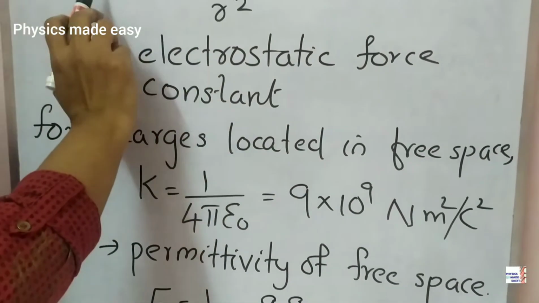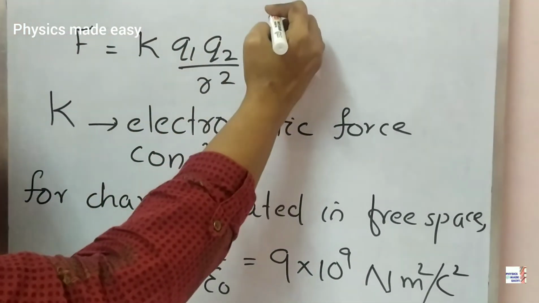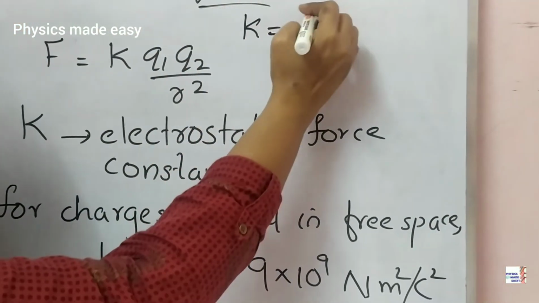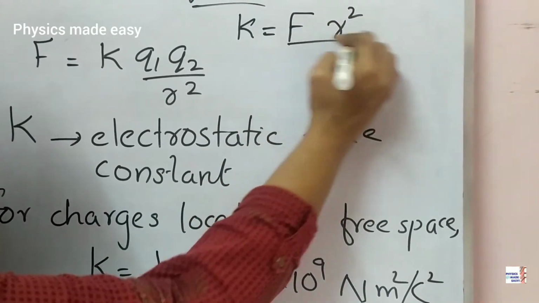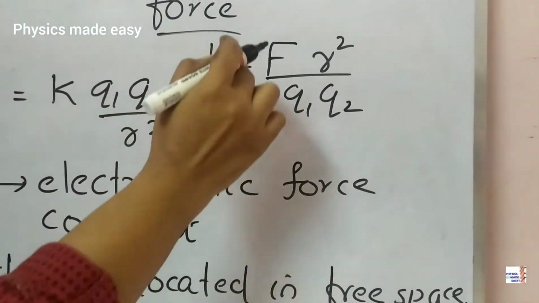Listen here, from this equation F is equal to K Q1 Q2 by R square, we can write an equation for K. K is equal to F into R square divided by Q1 Q2. Then, what is the unit of this K?